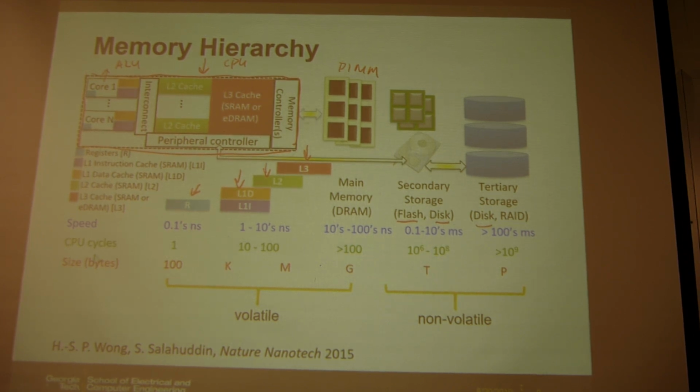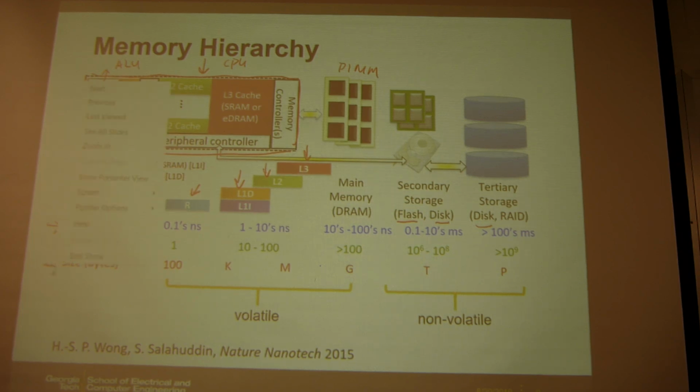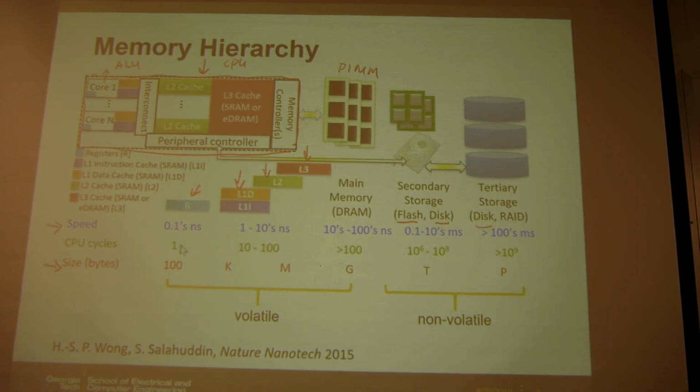This is the speed, the read or write speed, versus the capacity, the size of the memory. The register is the fastest, at the same clock speed as your CPU, the same cycle. But the size may be only hundreds of bytes.